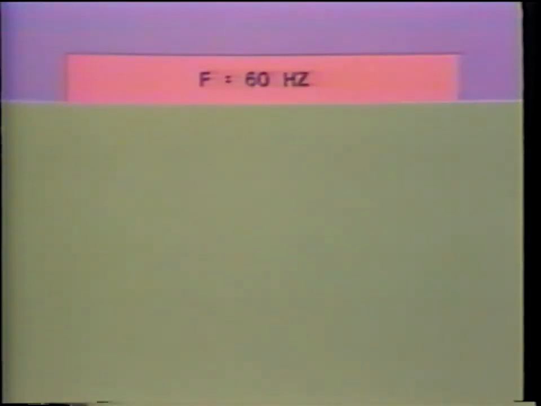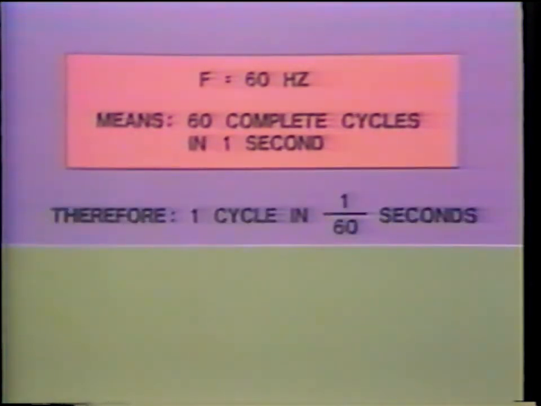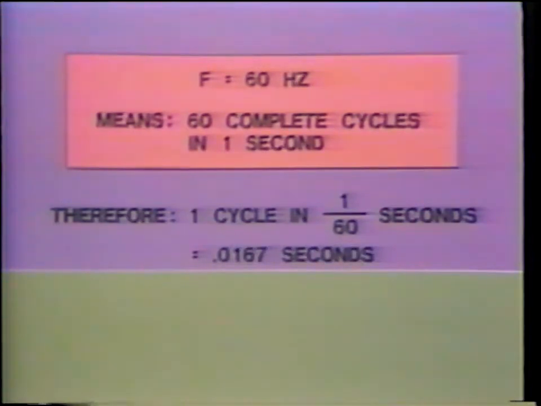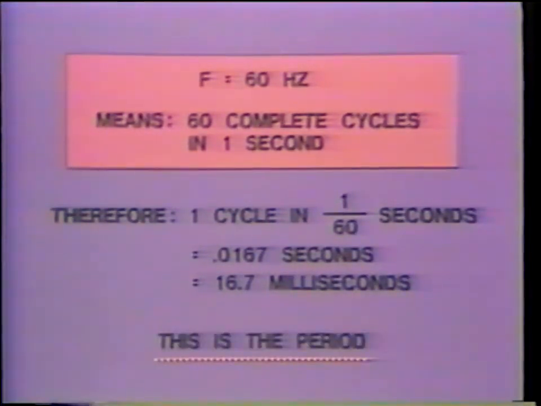Therefore, a frequency of 60 hertz means that the wave has oscillated through 60 complete cycles in 1 second. A 60 hertz wave will complete 1 cycle in 1 divided by 60 seconds. This is 0.0167 seconds, or 16.7 milliseconds. And this is the period of the wave.